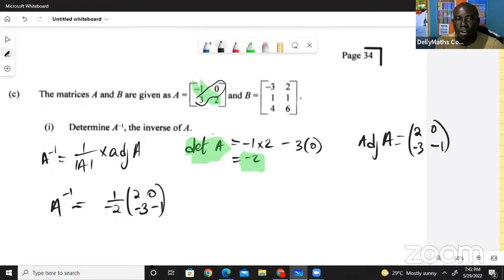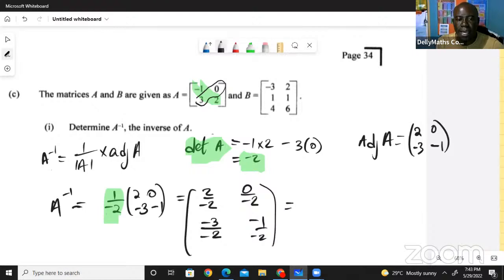But we are going to distribute that -1/2 inside, which means that you will have 2 over -2, 0 over -2, -3 over -2, -1 over -2. And then what we could do now is just to finalize it. This is -1, 0, +3 over 2, +1/2.